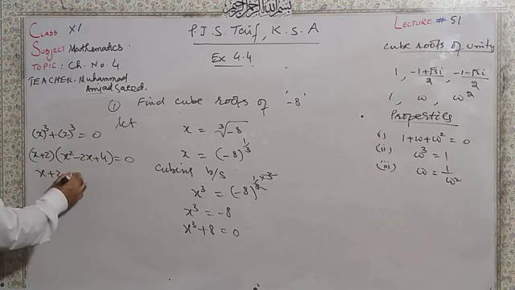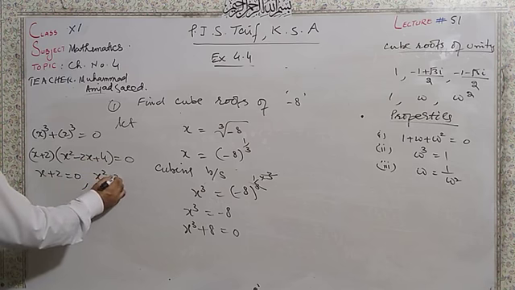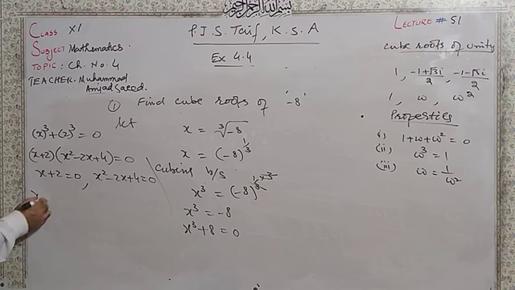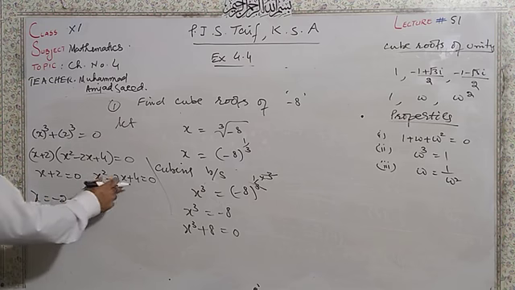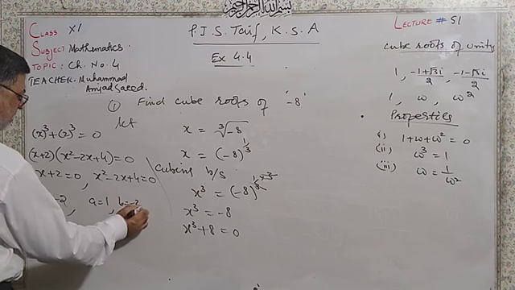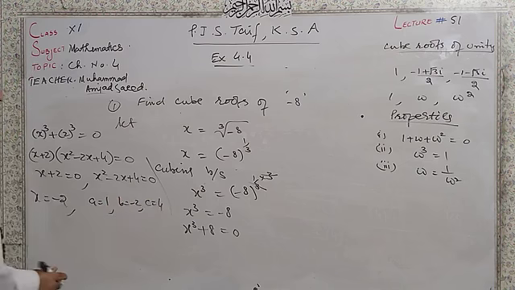So x plus 2 is equal to 0 and x square minus 2x plus 4 is equal to 0. Here x is equal to minus 2. Here we will apply the quadratic formula. A is equal to 1, b is equal to minus 2 and c is equal to 4.